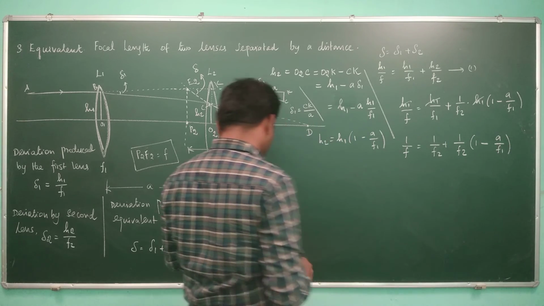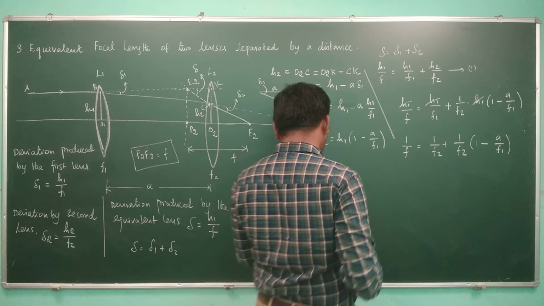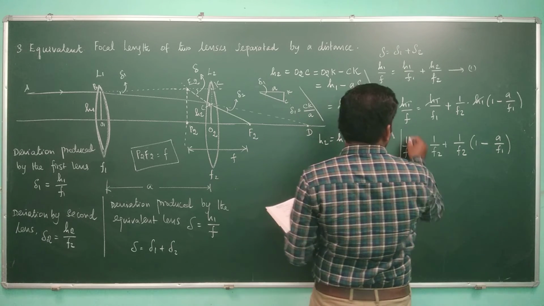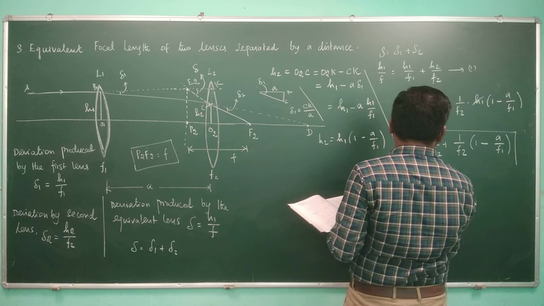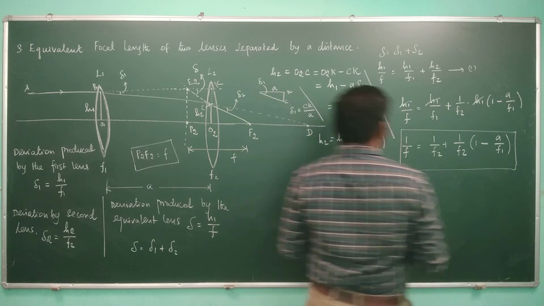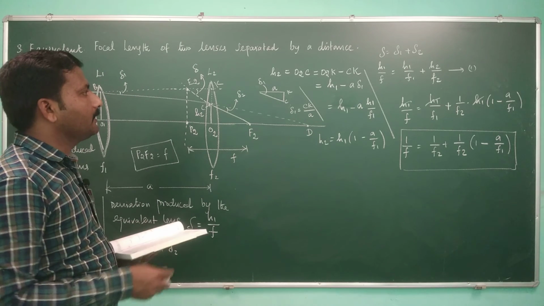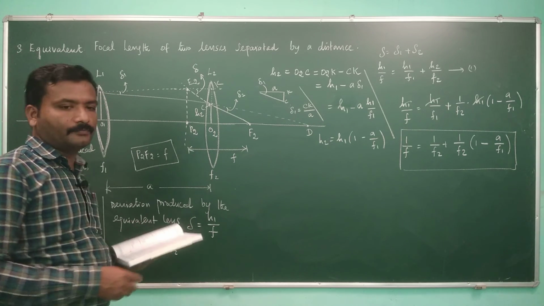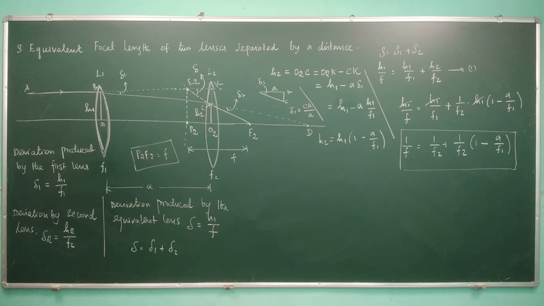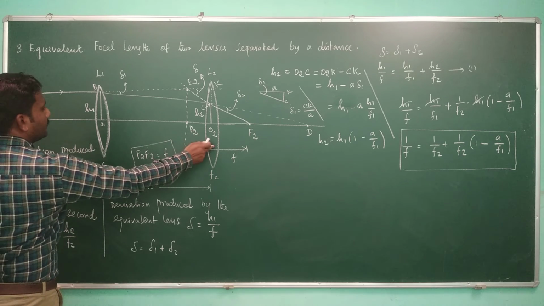So this is the equation for equivalent focal length of two lenses separated by a distance. Let me recollect this. We have first lens here, second lens here.